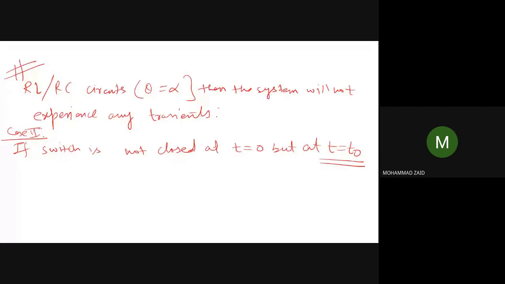Now, if the switch is not closed at t equal to 0 but at t equal to t naught, then the general expression can be written like this: A e to the power minus R by L, as you have already done, t minus t naught, plus Vm by Z sine of omega t plus theta minus alpha.